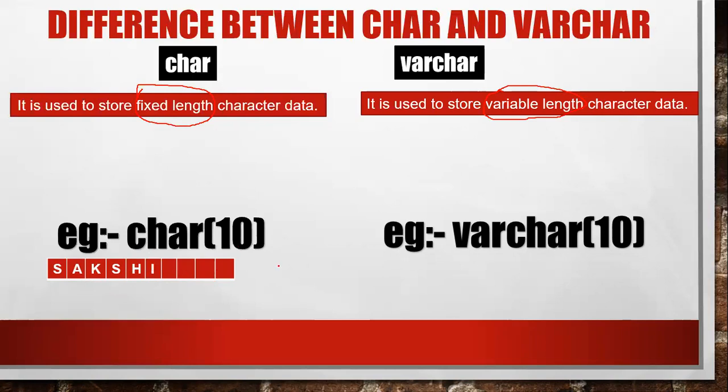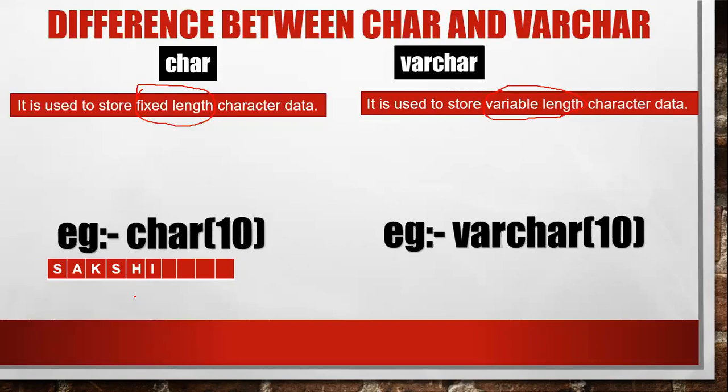So total 10 boxes are there for storing the data. Suppose I stored a name in it, that is Sakshi. Now you can see that the word Sakshi consumes only 6 spaces, 1 2 3 4 5 6, and the rest 4 spaces are left.